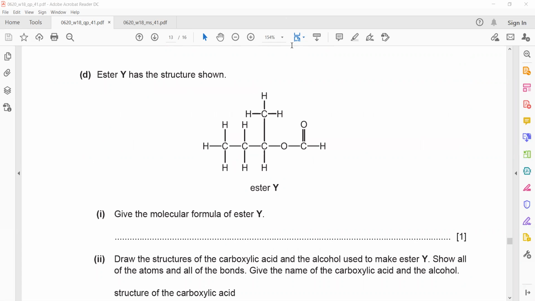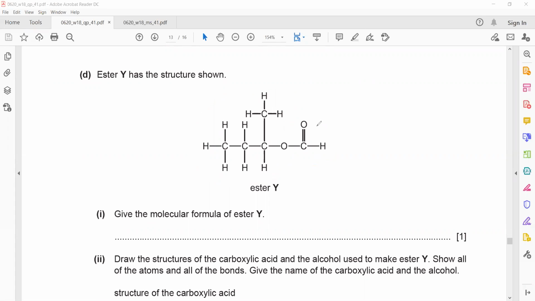So how to identify? The part which is C double bonded with O, this whole part is from the carboxylic acid, and the other carbon chain is from the alcohol.